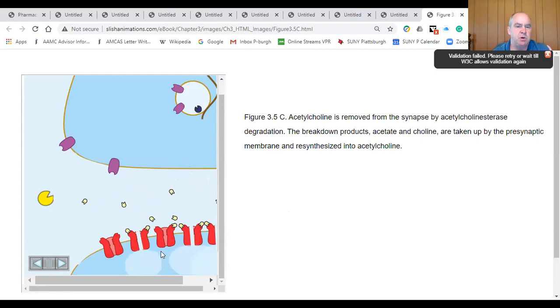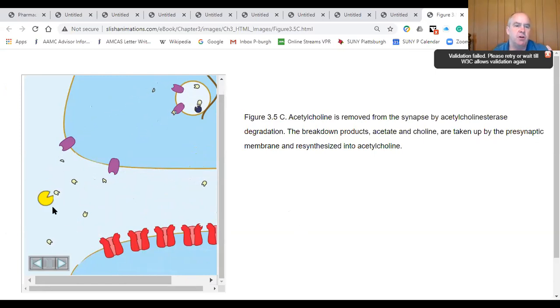So here we're getting response, and then eventually acetylcholinesterase will break acetylcholine down into acetate and choline, and both those pieces will be transported back into the presynaptic side, back into the vesicles, and then resynthesized into acetylcholine.